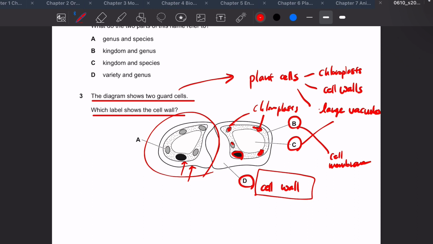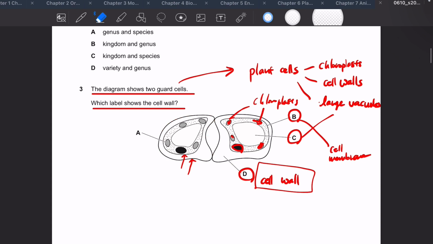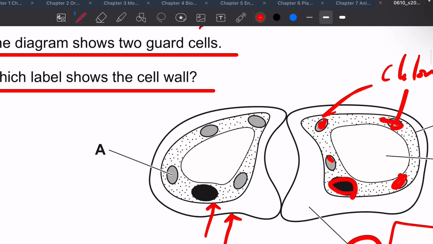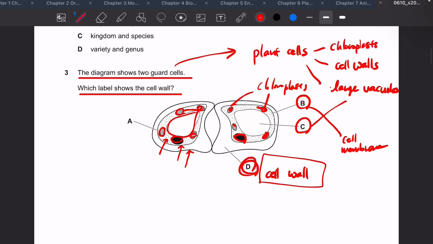The cell wall lies at the outermost part of the cell, and the membrane is the next one. Then you see a lot of cytoplasm, and other organelles inside the cytoplasm as well. So anyway, the bottom line is that it's the cell wall.